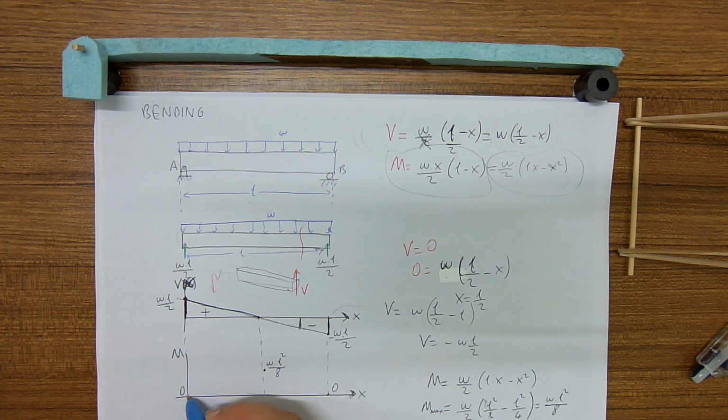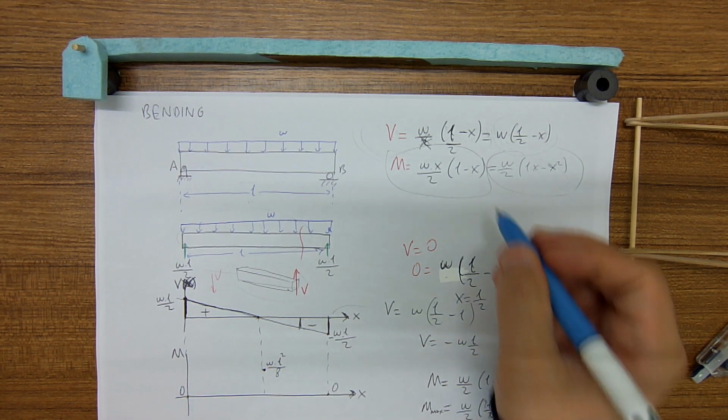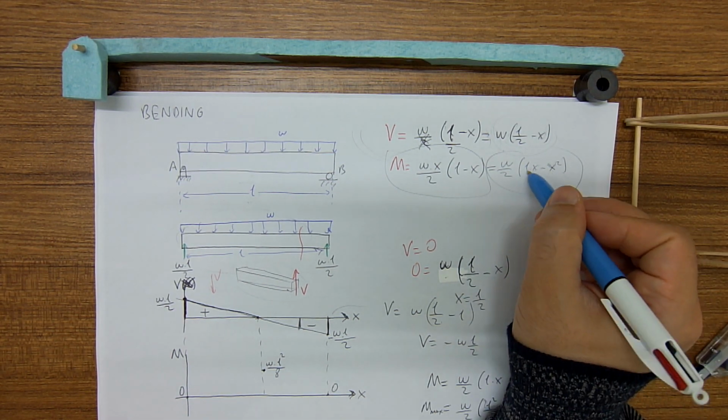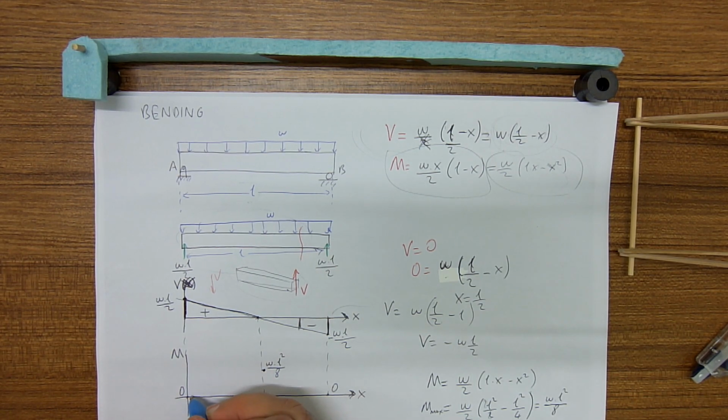So starting from 0, coming to here, how will it come? Linearly or non-linearly? It is not linear because the equation is quadratic, second order. The next question would be, will it come like this or will it come like this?